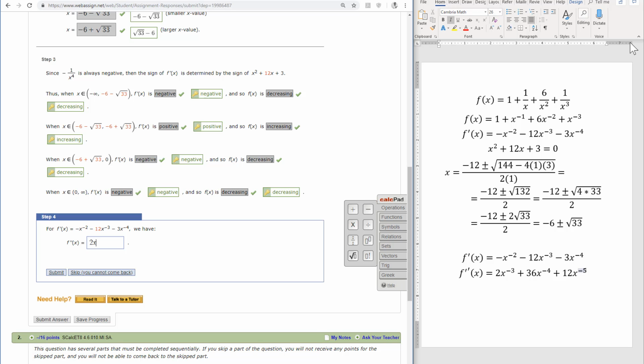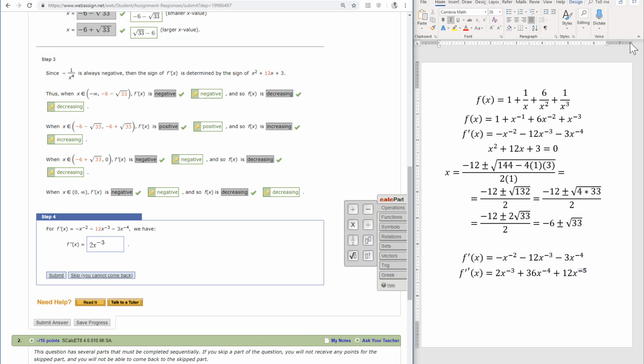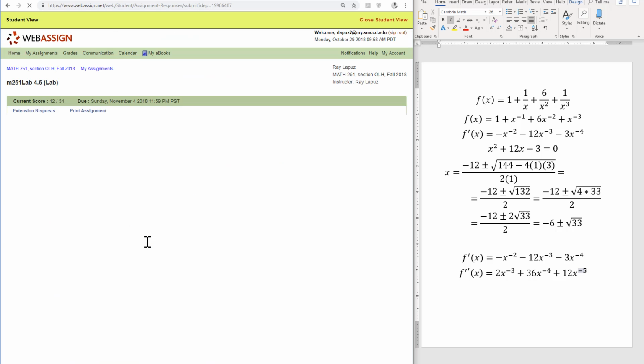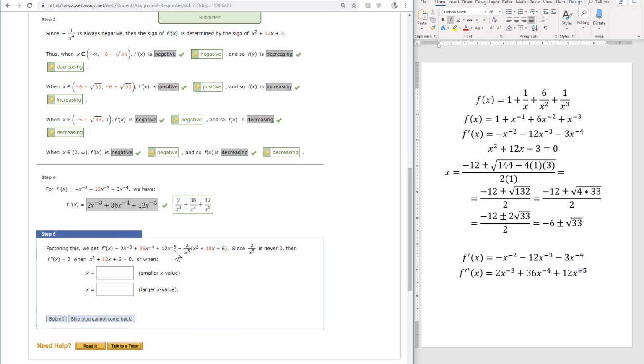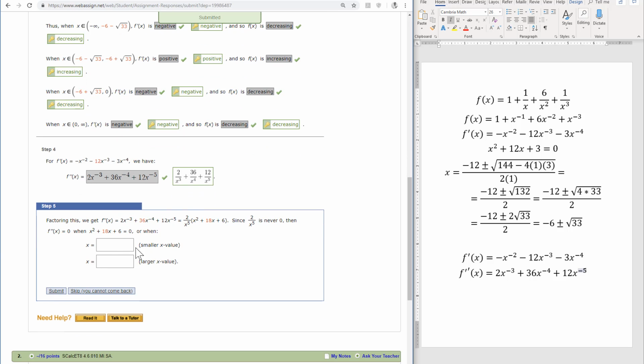We have 2 times x to the negative 3 plus 36 times x to the negative 4 plus 12 times x to the negative 5. And we're going to want to know when this is equal to 0 to find our potential inflection points. And so we do the same trick over here. We factor out an x to the negative 5.